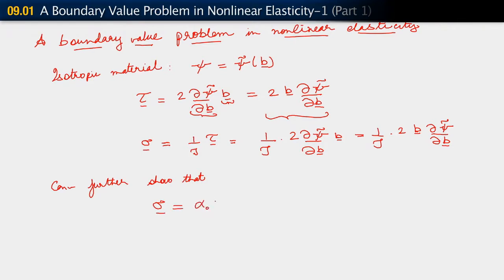Alpha 0, which is a function of the invariants of B, and we know what those are, multiplying the isotropic function, plus alpha 1, also a function of the invariants of B, times B plus alpha 2.